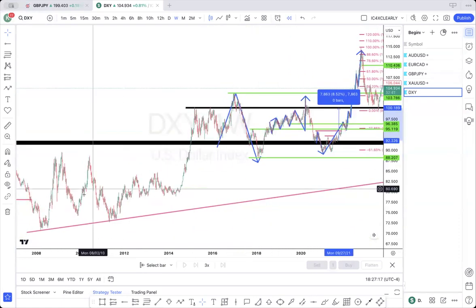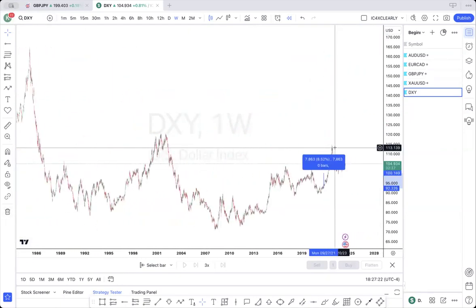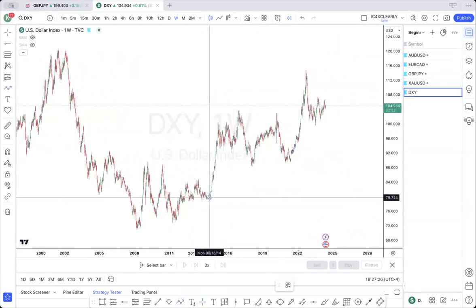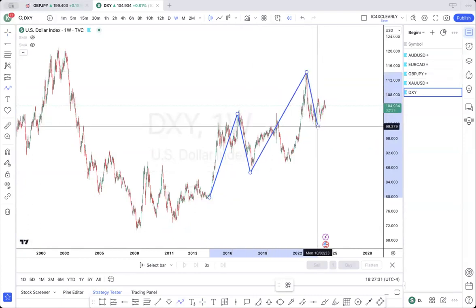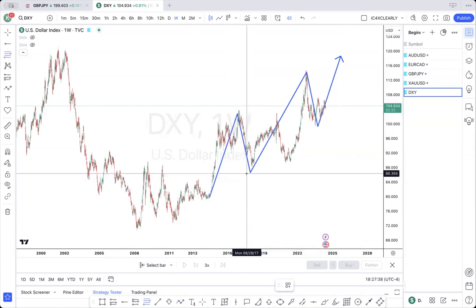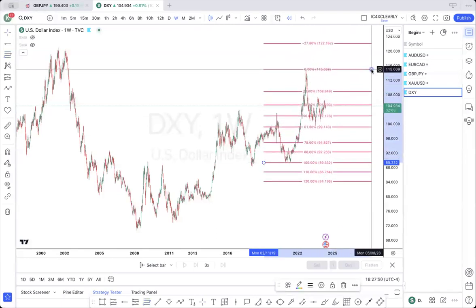So I pulled up the Dixie, not to trade it, but to show that we have a push up, a pull back, a push up, this pull back. So we're likely pushing back up because here's our last swing from here to here.